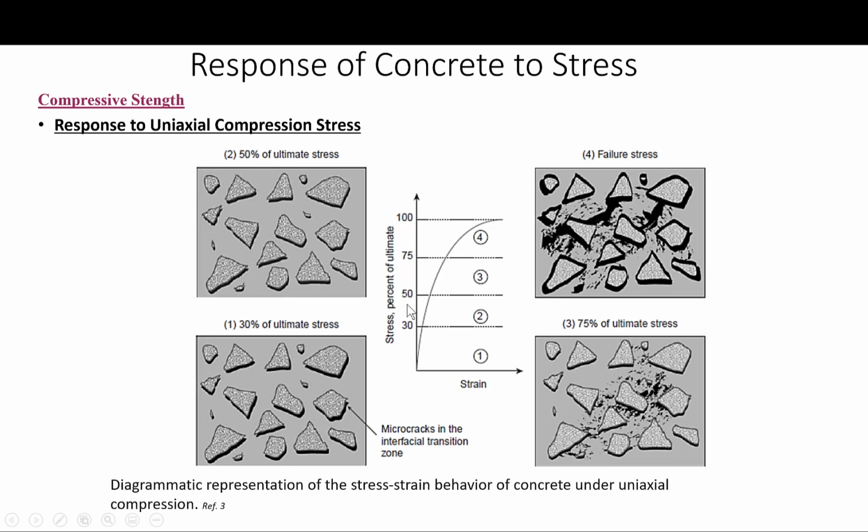So in short, above 75% of the ultimate load with increasing stress, very high strains are developed, indicating that the crack system is becoming continuous due to the rapid propagation of cracks in both the matrix and the interfacial zone. This is the final stage, which, as I mentioned, is number 4.